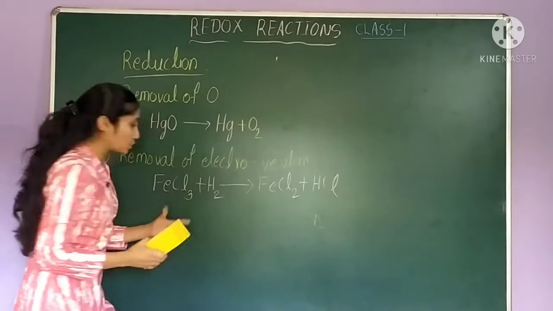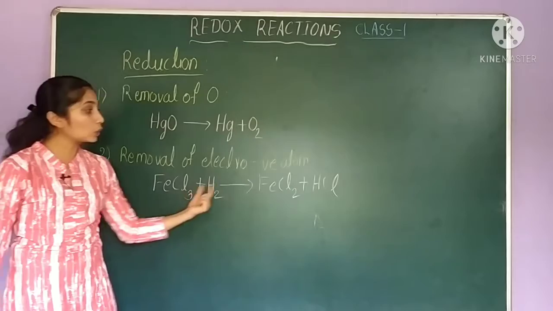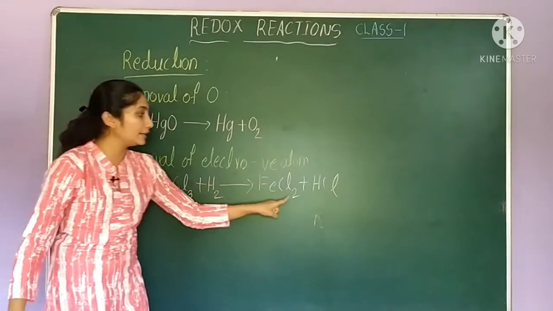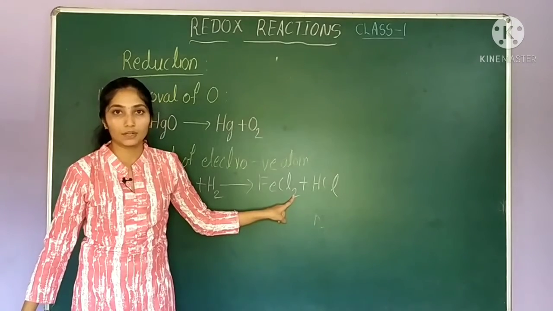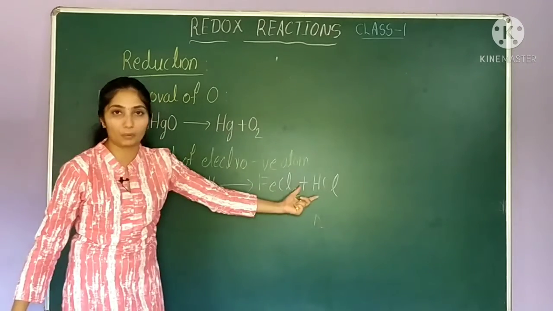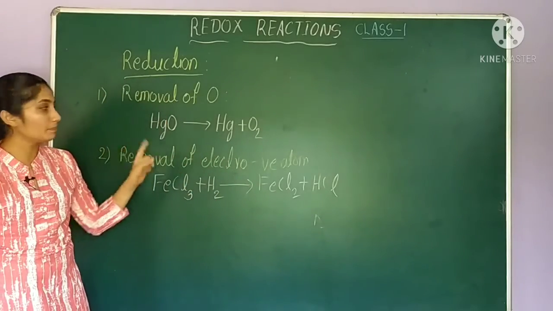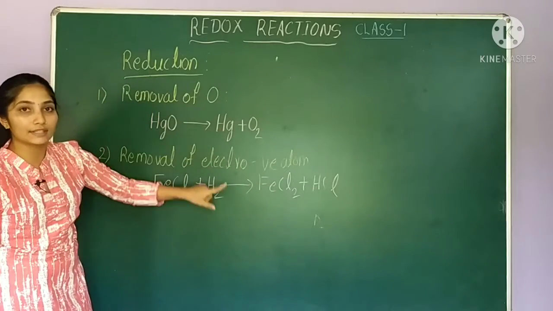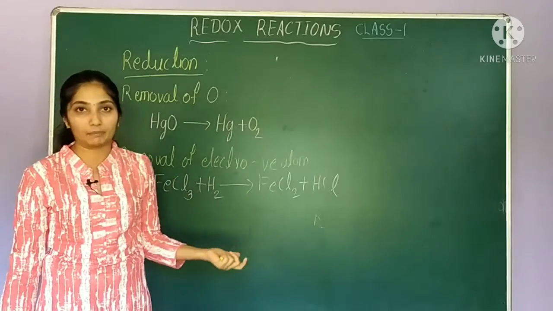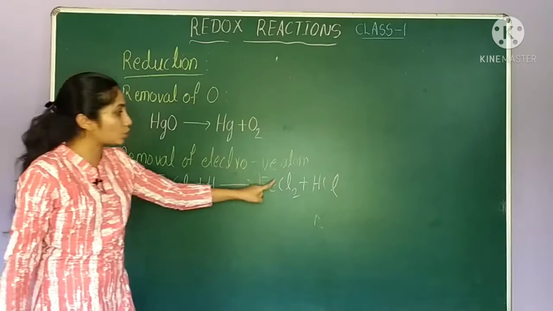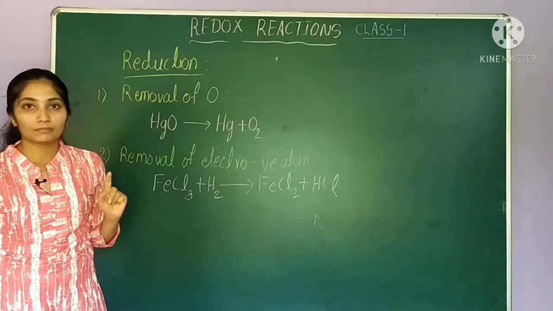Here chlorine is the electronegative atom. I am removing chlorine from iron. Here there are 3 chlorine and here there are 2 chlorine atoms, so I have removed 1 chlorine. In the first example I removed oxygen, in the second I removed an electronegative atom. So removal of oxygen is reduction, and removal of electronegative atom is also reduction.